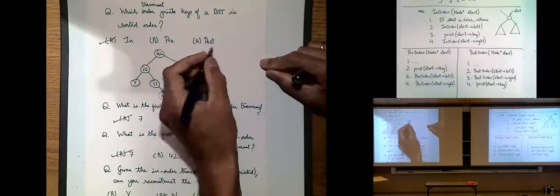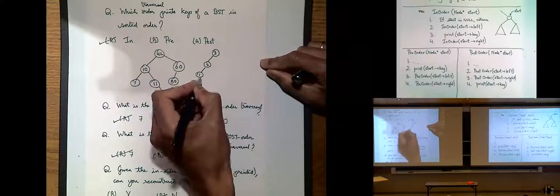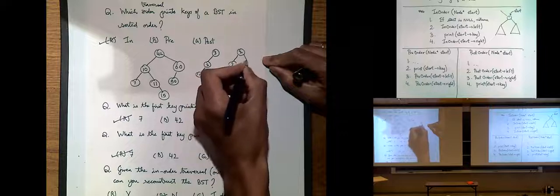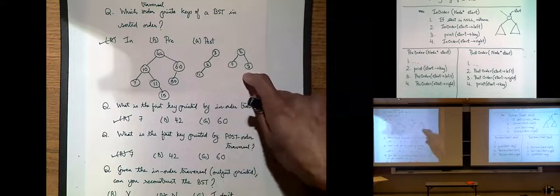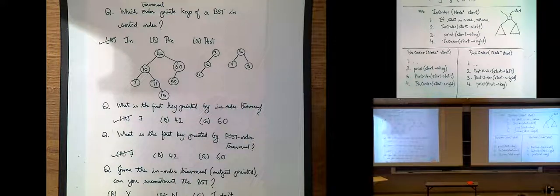Just to give you a simple example, let me give you 2 BSTs, 3, 2, 1. That's a BST. And 2, 1, and 3. In both of these trees, the in-order traversal is 1, 2, 3 because it prints in sorted order. But you cannot, looking at the order, determine which of these trees it was.